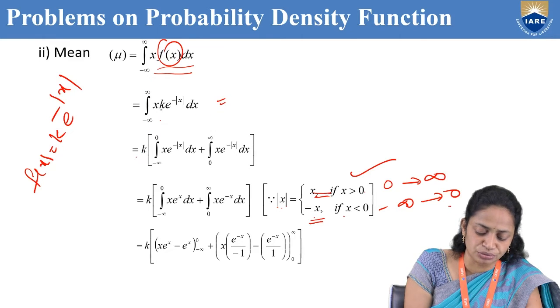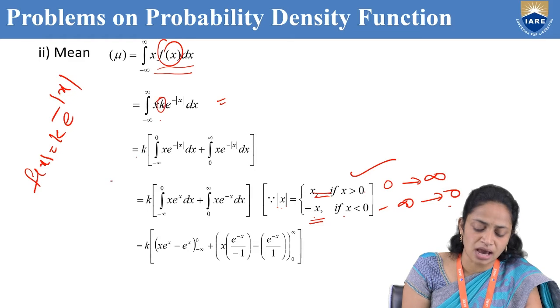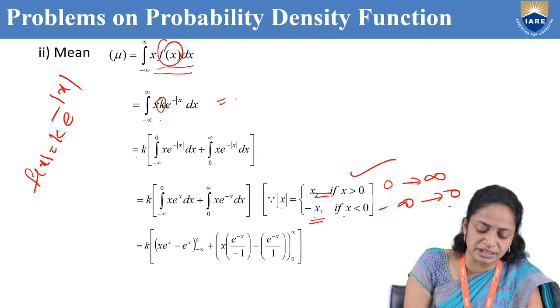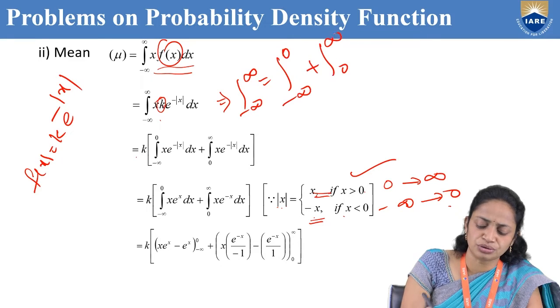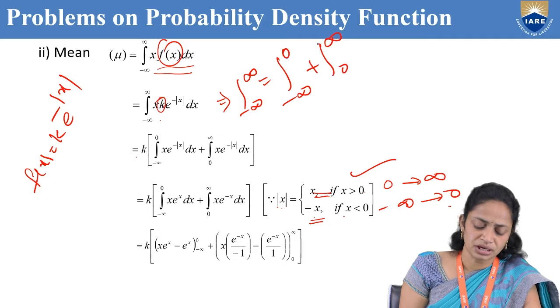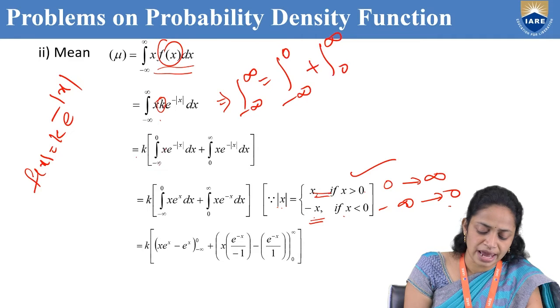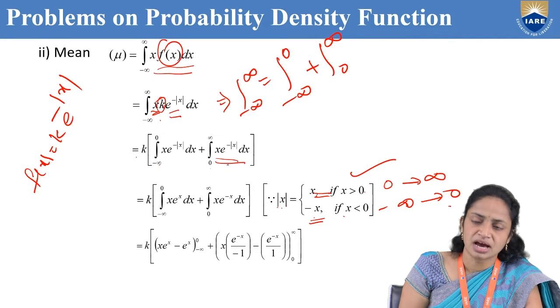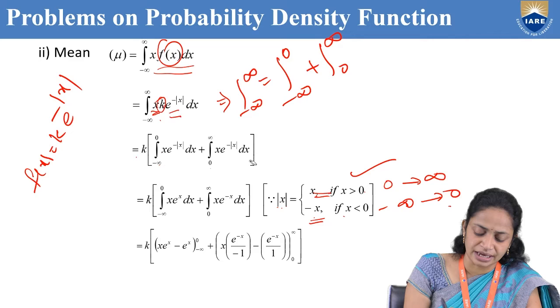You can keep k outside and split the limits. Minus infinity to infinity can be split into minus infinity to 0 and 0 to infinity. Okay, so the integral from minus infinity to 0 of x times e power minus modulus of x, plus the integral from 0 to infinity of x times e power minus modulus of x dx.